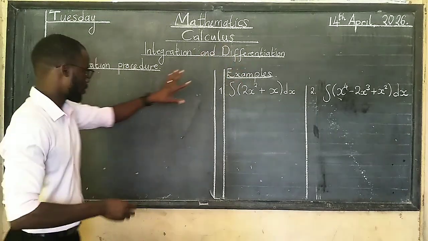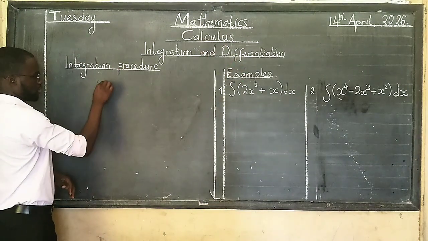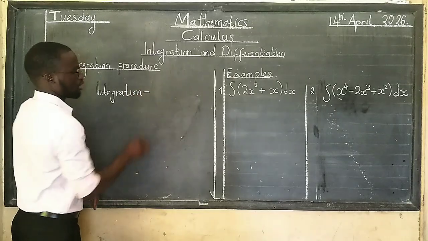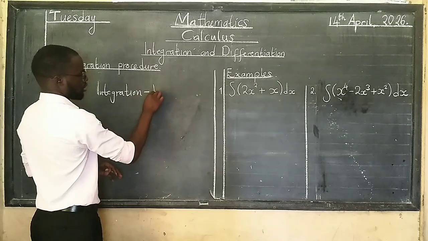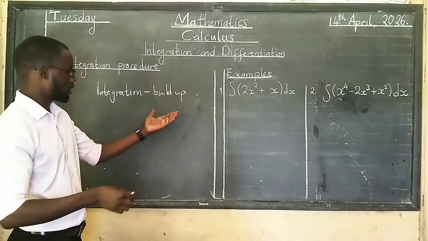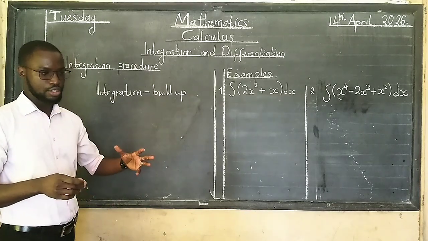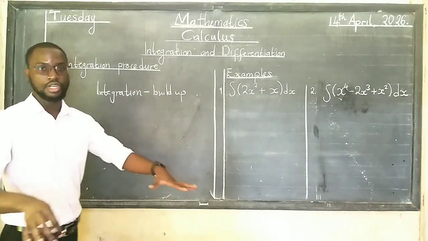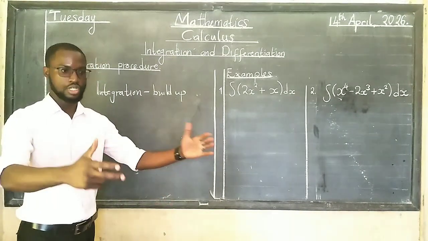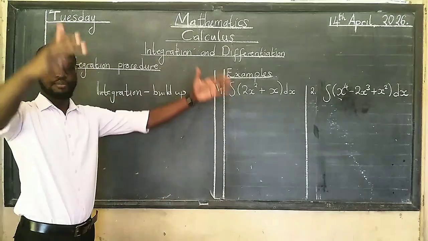What are these two? So, integration means to build up. This is the best way you can look at it. So imagine you have a foundation, you want to start building a house, you start putting bricks together and whatnot. There's a structure that is being built up.